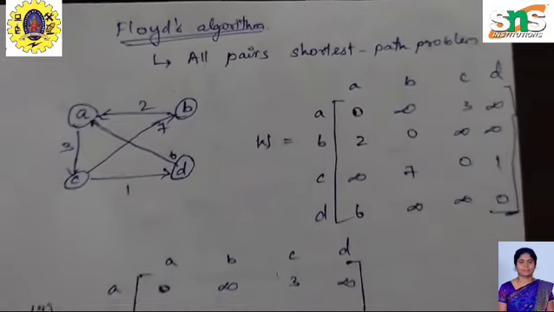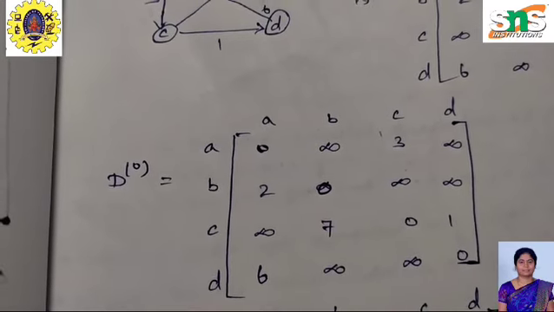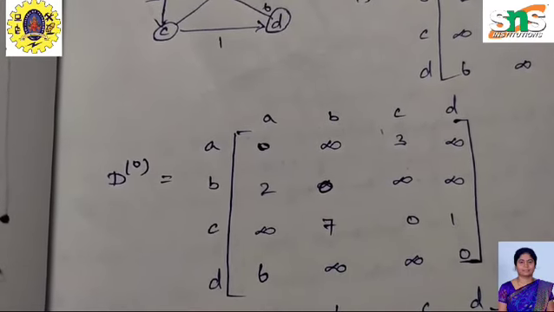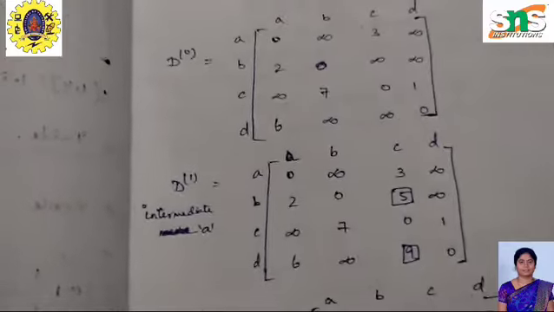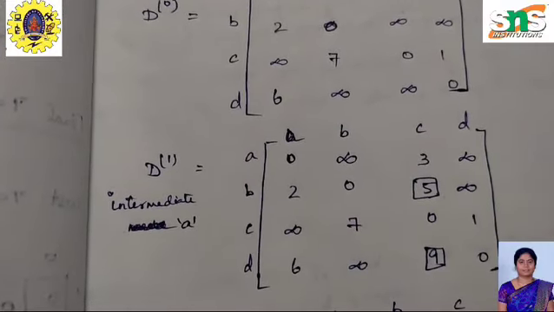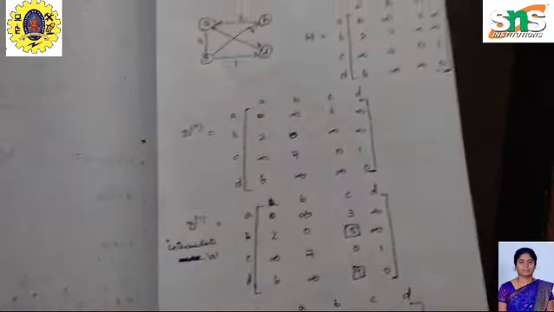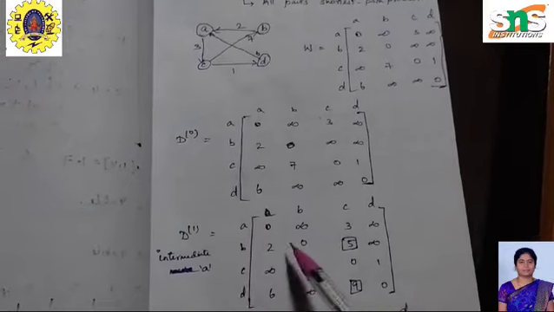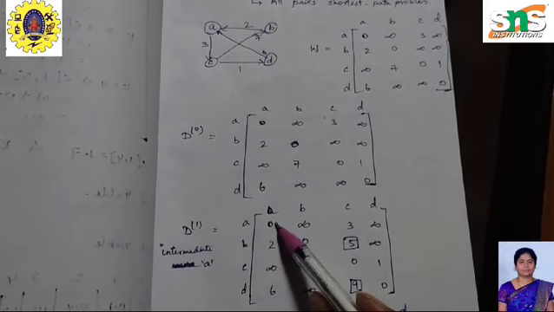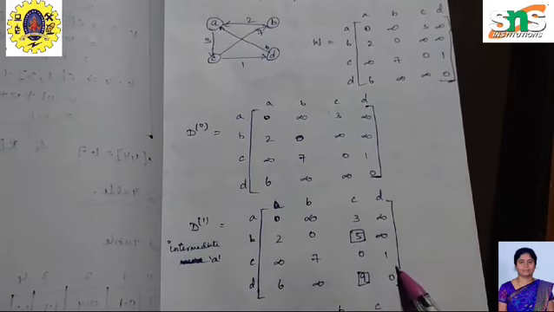Now we will go with the next step. This same matrix will be considered as the 0th step. And next, as like Warshall's algorithm, Floyd's algorithm also has an intermediate node. The first intermediate node is A. We don't have weights for diagonal nodes, so they are mentioned with 0.